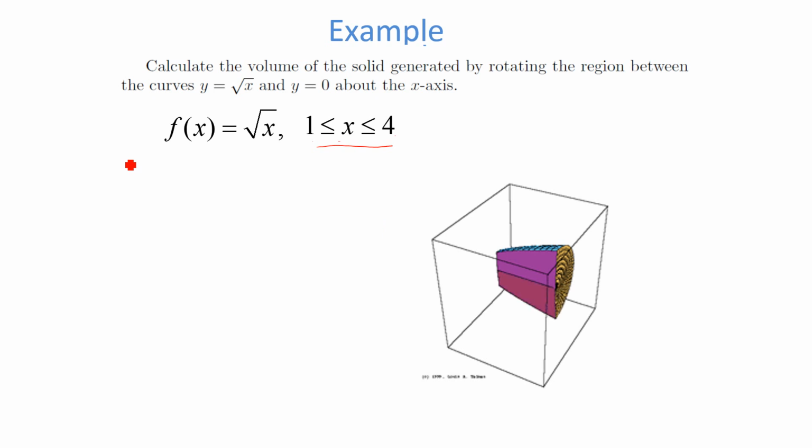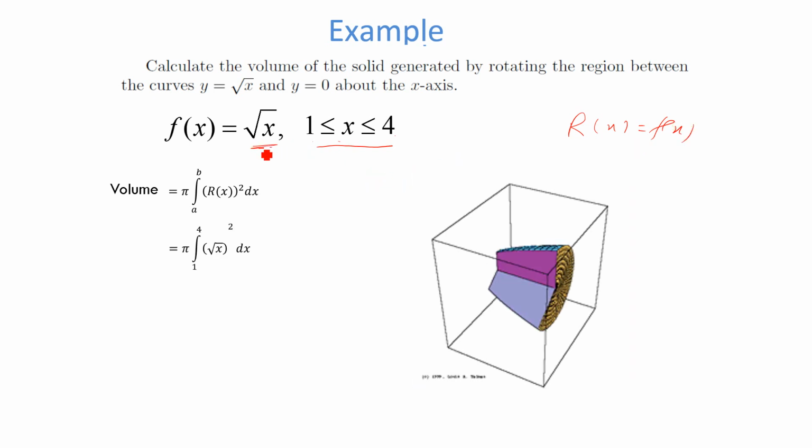So first of all, what is R(x)? We have to find the value of R(x). As I told you before, R(x) is in fact, in this case, f(x). So f(x) is square root of x.